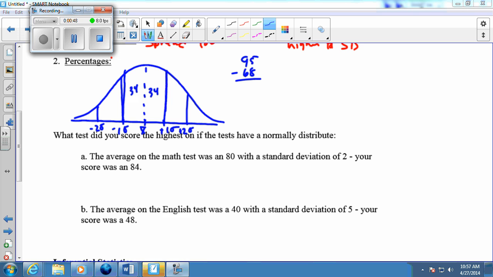And so when we look at how much data this is going to be, we need to subtract these from each other, and we get 27%. And so we know then that each region here is 13 and a half people would land if this was out of 100, and 13 and a half people would land below. And then we continue this and we can find that this is 2.5 and this is 2.5.